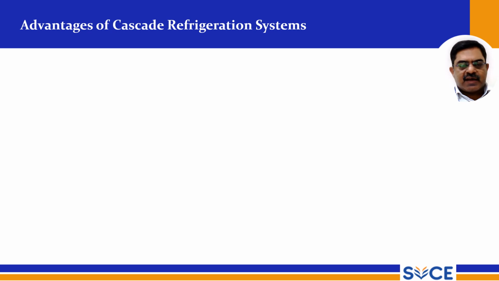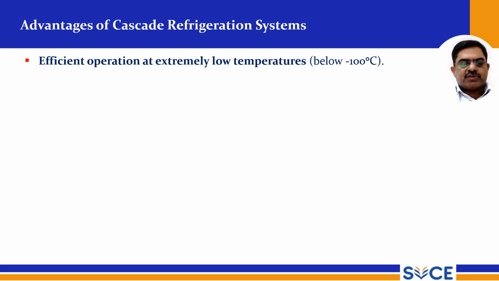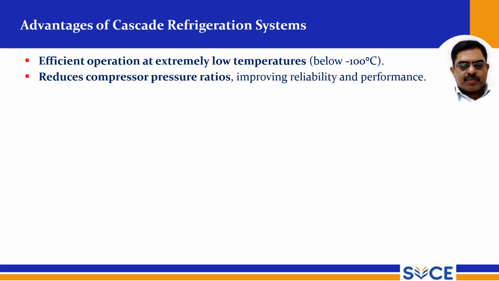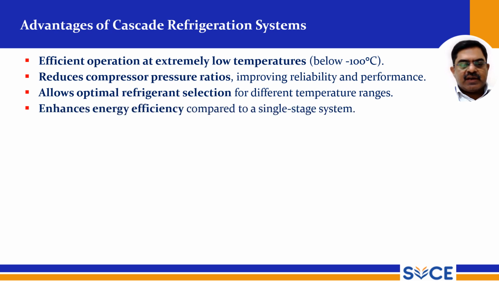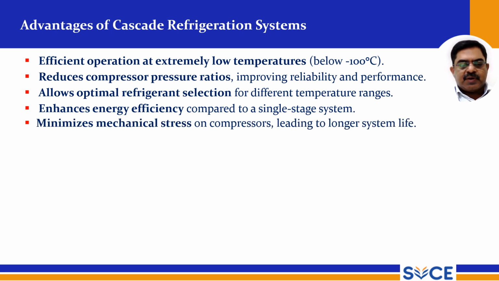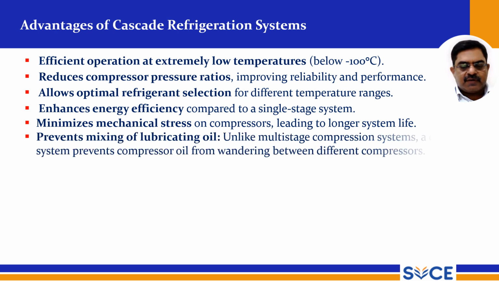So the advantages of a cascade refrigeration system are efficient operation at extremely low temperatures, that is minus 100 degrees Celsius; reduced compressor pressure ratios, improving reliability and performance; optimal refrigerant selection for different temperature ranges; enhanced energy efficiency compared to a single stage system; minimized mechanical stress on compressors, leading to longer system life; and prevention of mixing of lubricating oil.